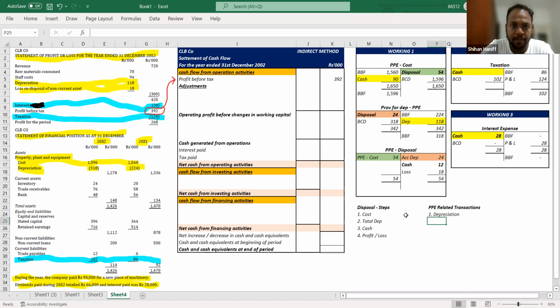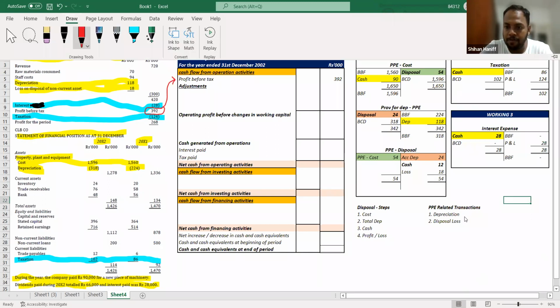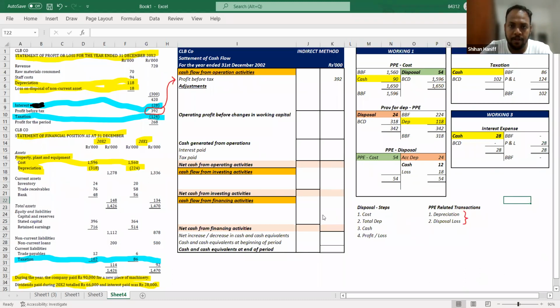Then you need to adjust the disposal loss or the profit. So these 2 come under adjustments.